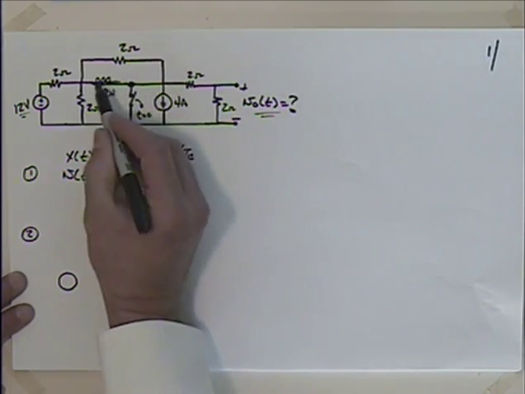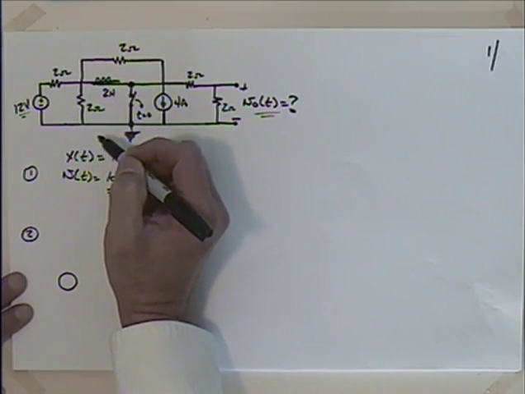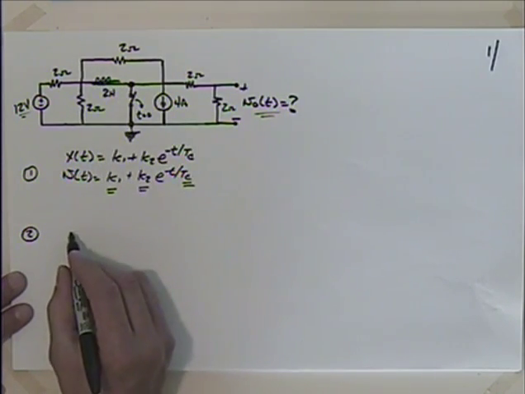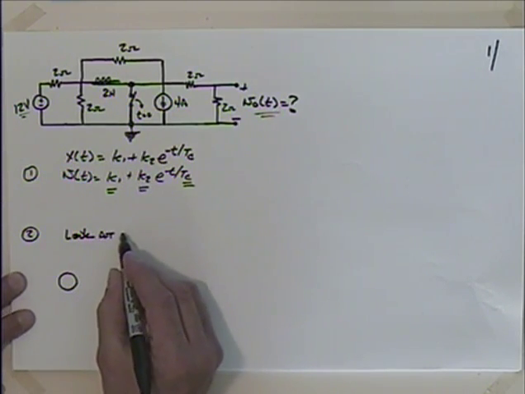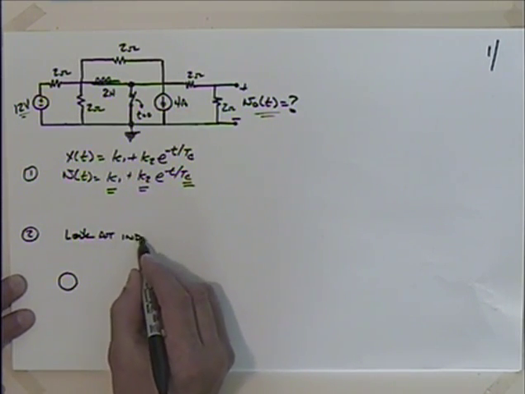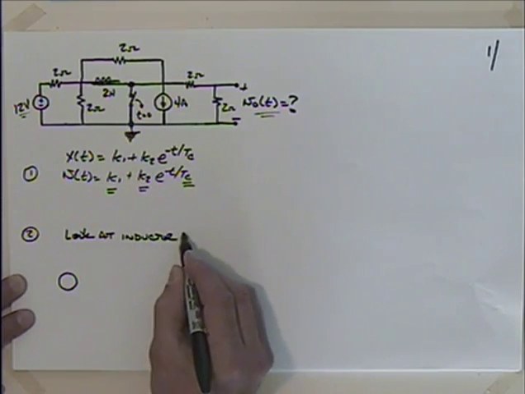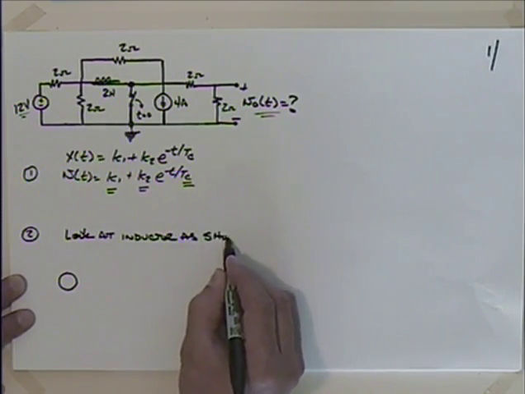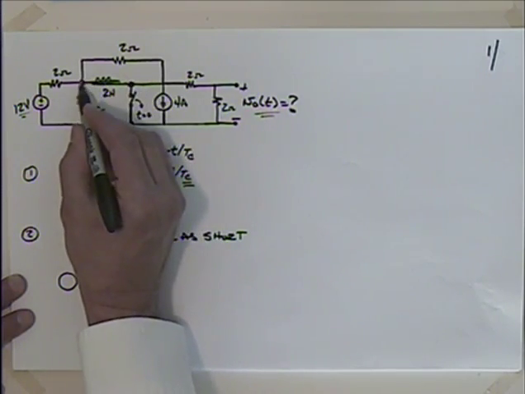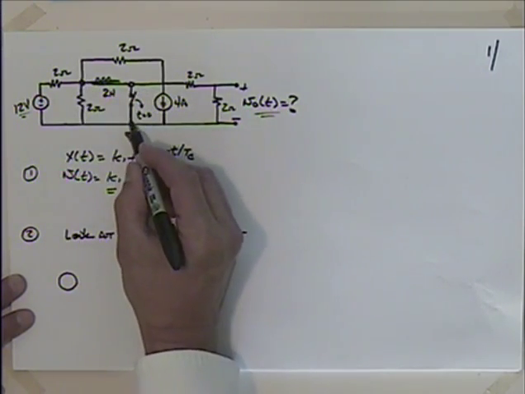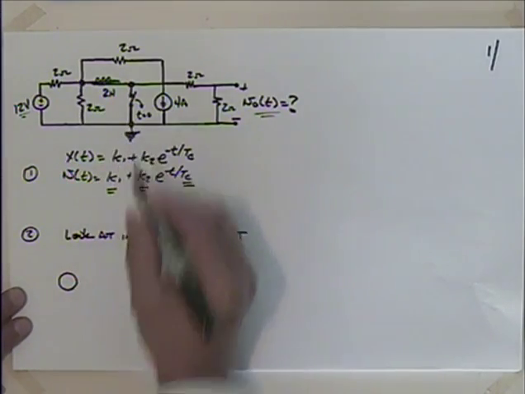If we look at the inductor as a short, then this point becomes the same as that point, which is the same as that point. So I have ground there, don't I?